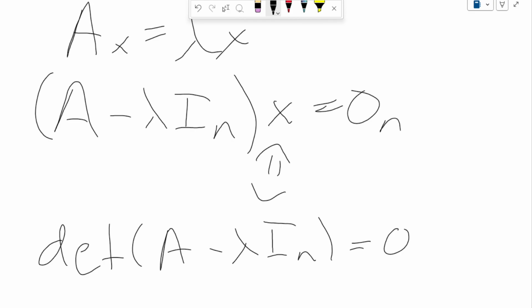Well, the only unknown variable in this problem is lambda, right? We know A, we have it written down. We know the identity matrix. The only thing that can possibly change to make this 0 or not 0 is lambda.